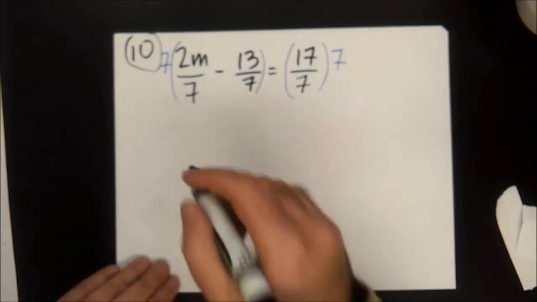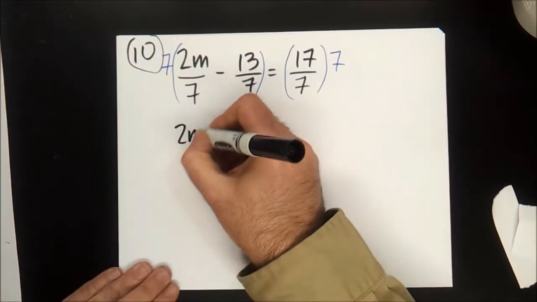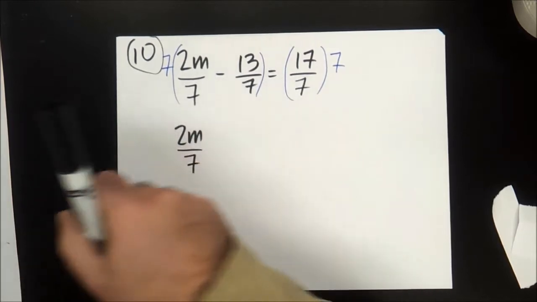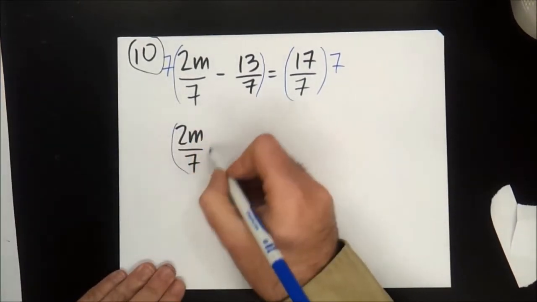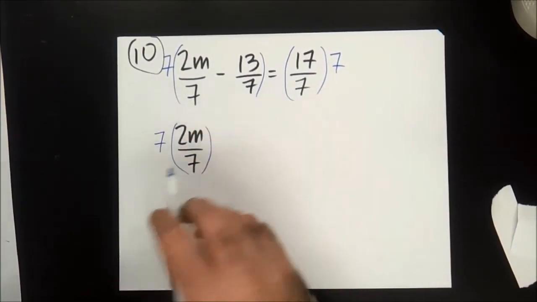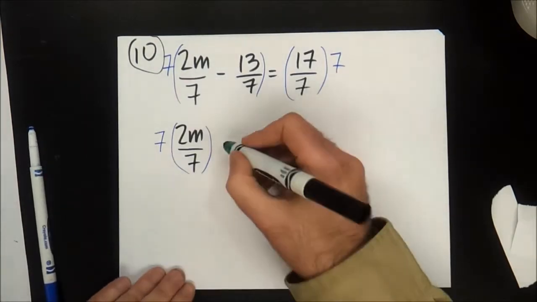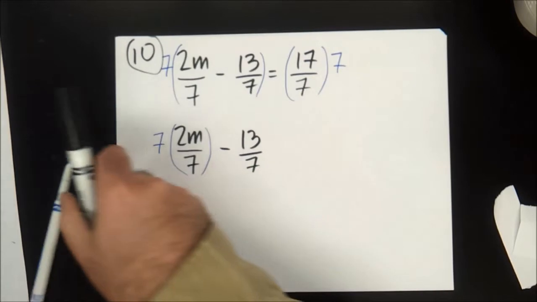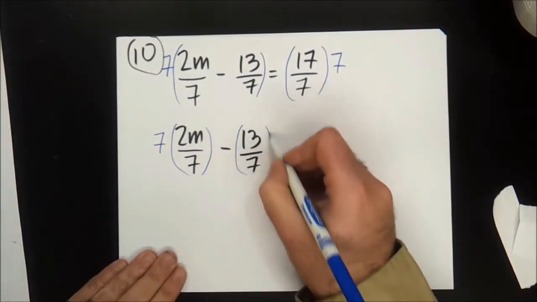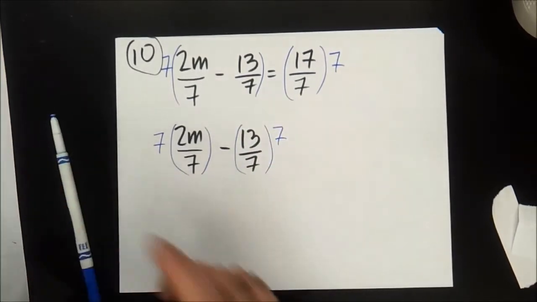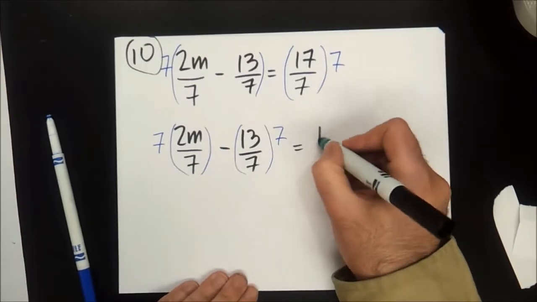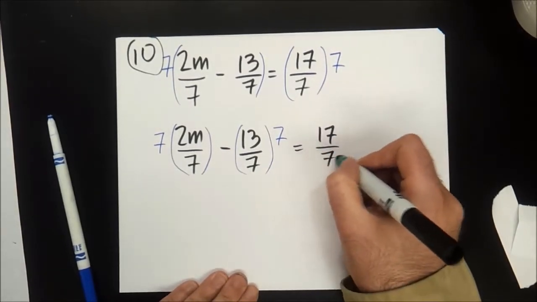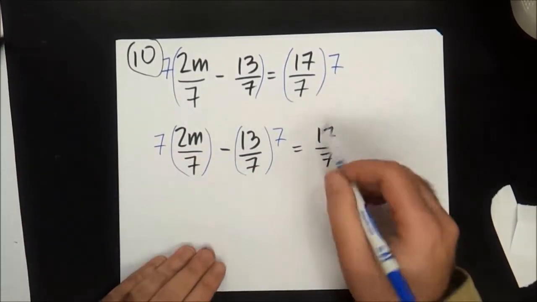So then I get 2m over 7, that's multiplied by 7, minus 13 over 7, that's multiplied by 7, equals to 17 over 7, which is again multiplied by 7.